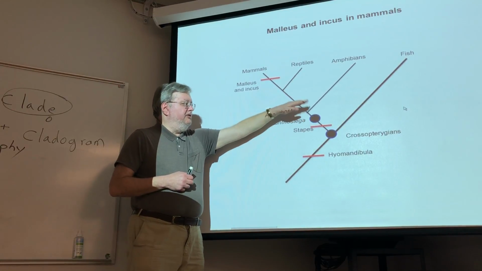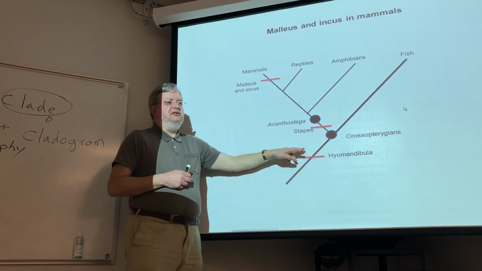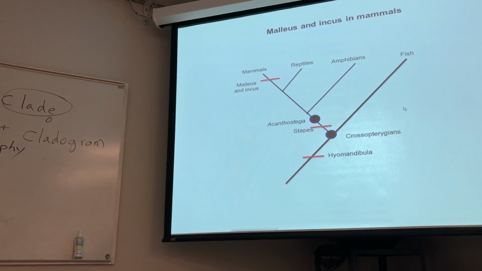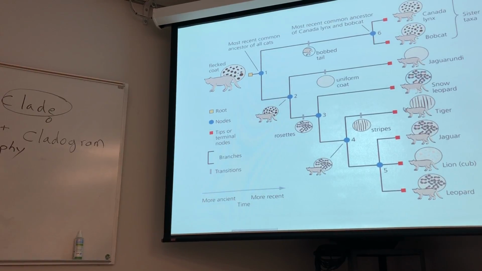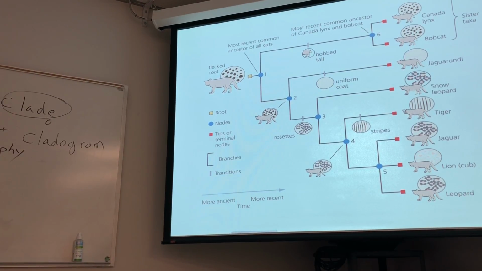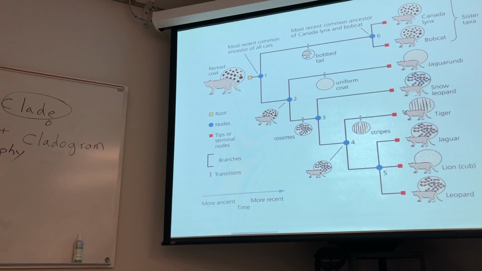But if you look at all of these, its hyomandibuliform is a plesiomorphy of that. All right, so far we see then that there are apomorphies and there are plesiomorphies, or often called basal or derived traits. Derived traits being apomorphies and basal traits being plesiomorphies.